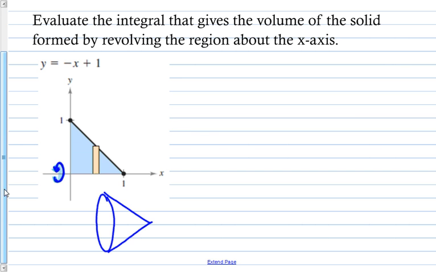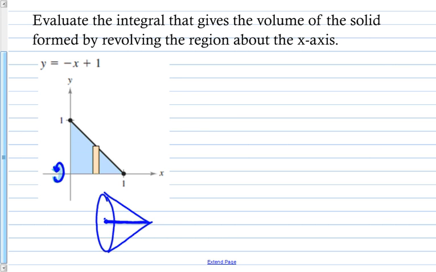It's going to look like a cone. And right here, this is the x-axis. And it's just going to spin, spin, spin. And if you spin a triangle fast enough, it just looks like a cone.